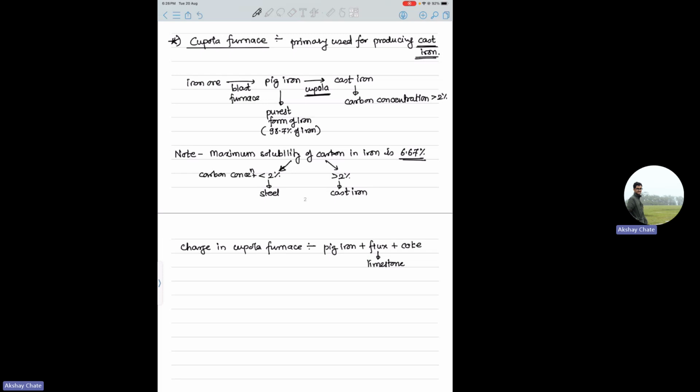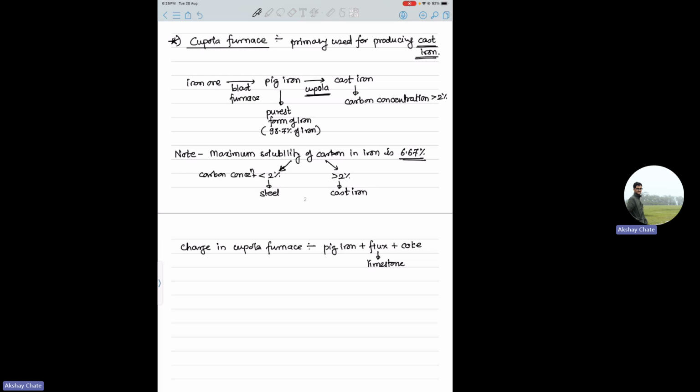And the objective of the flux is, what happens if you don't put flux? With coke and pig iron, whenever this melting process happens, there are obviously some impurities or byproducts that are formed. But when you mix it with flux, this flux also contributes to impurities, but those impurities tend to be lighter than the cast iron.